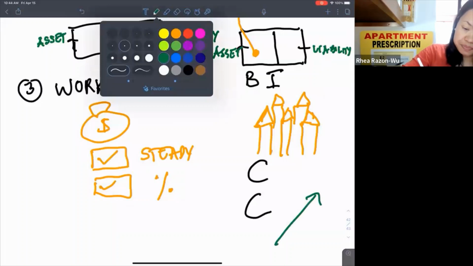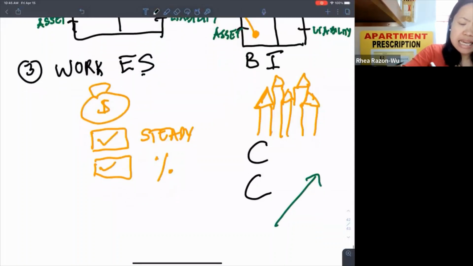So now the E and the S, employee, self-employed, specialist, the small business, they work for money. They want a steady paycheck, and they also earn commission as well. The big business and the investor, they work for assets.